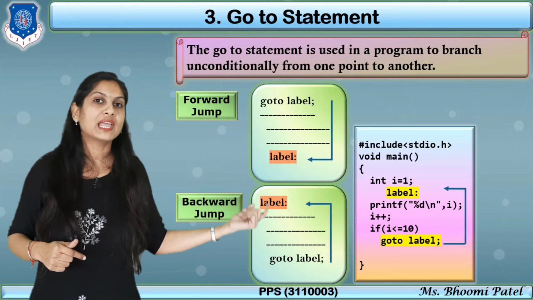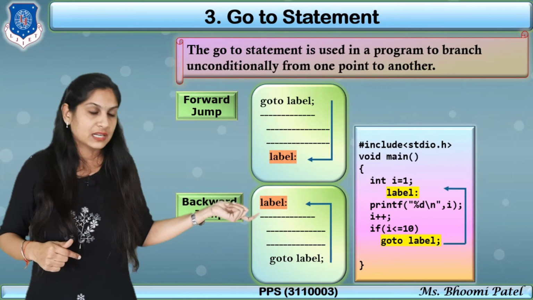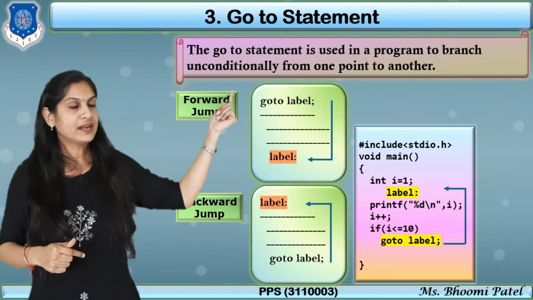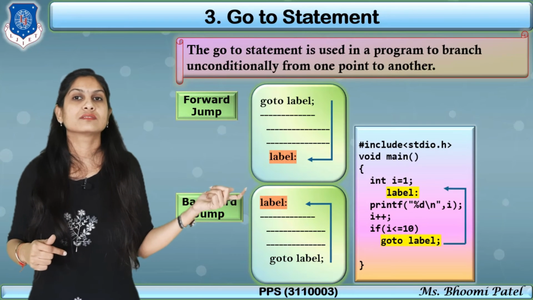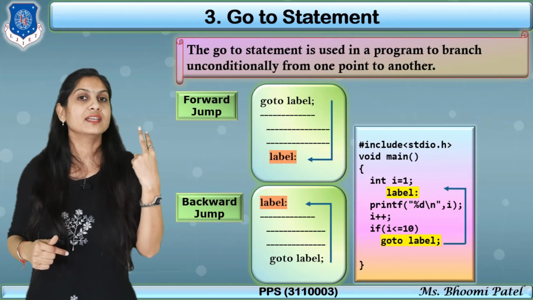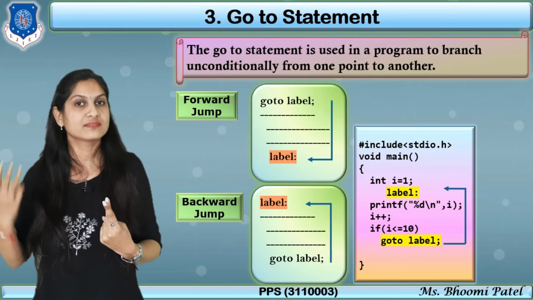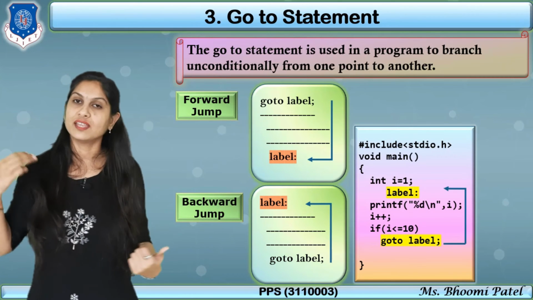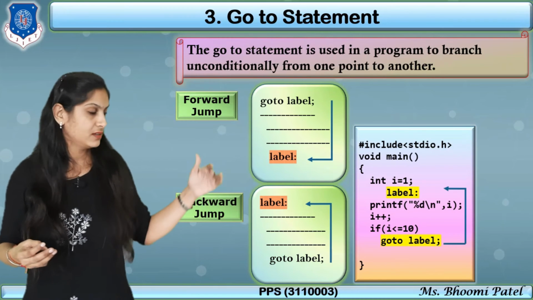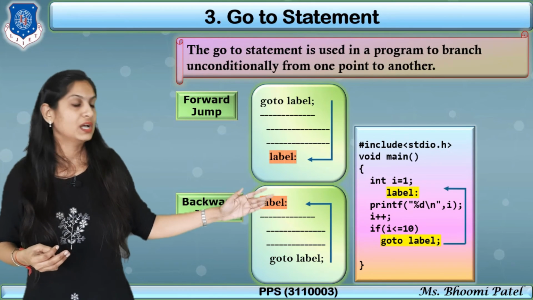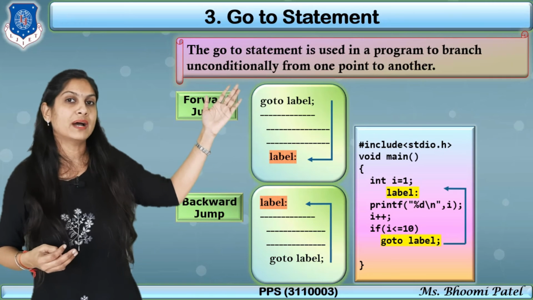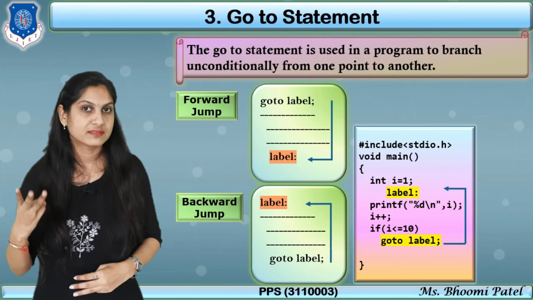So it simply goes to the label. Clear? So move to the label part and again print the value of I, that is 2. Now I is incremented, that is 3. Again check the condition: 3 is less than or equal to 10. Yes, apply the goto, move to the label part, and again print the value, that is 3.